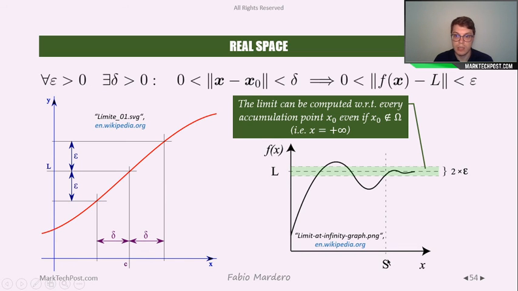For example, we can compute the limit using x equal to plus infinity, because for x greater than this s, the distance from L will be less than epsilon. So we can compute the limit for points that are not in the domain of a function. For example, plus infinity doesn't even lie in the real space, but we have added it to the real space.